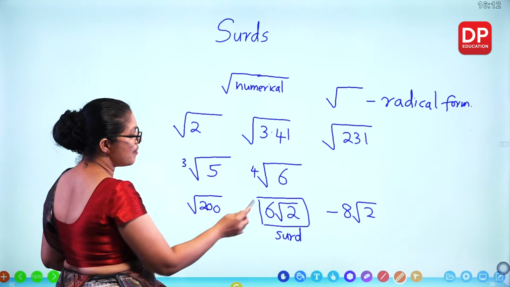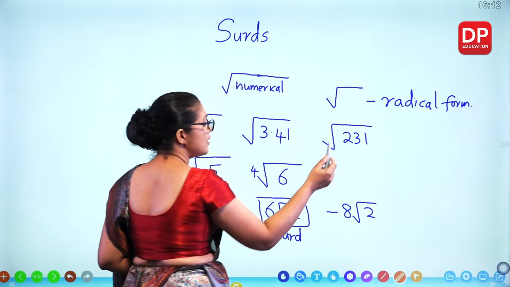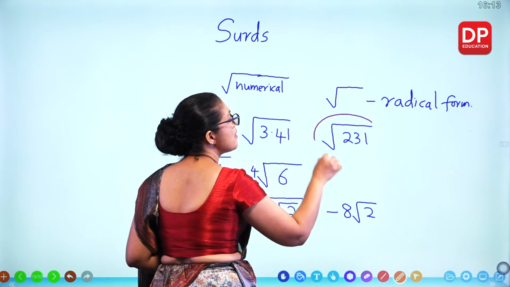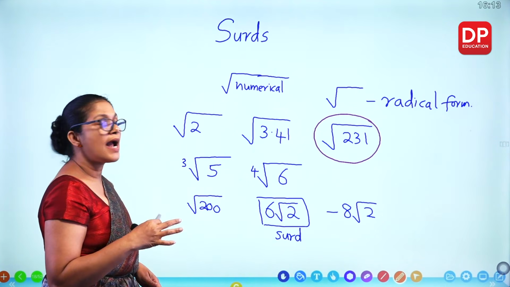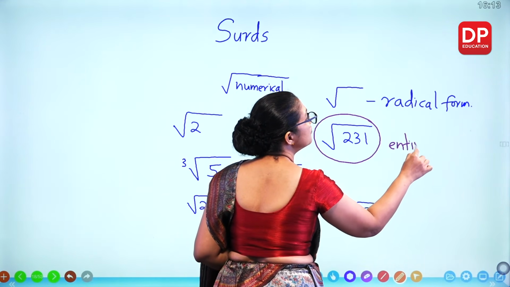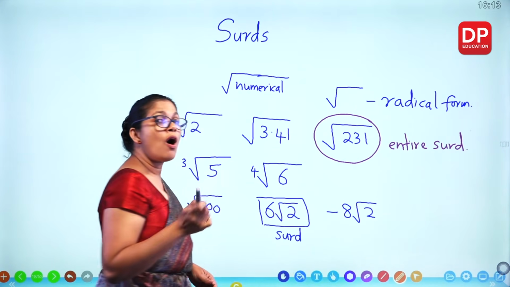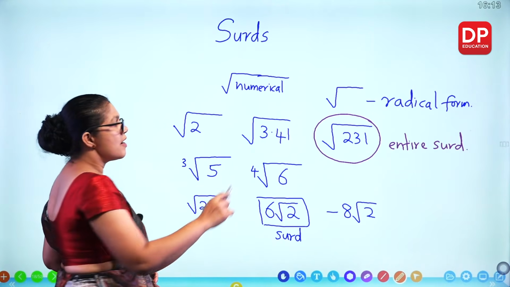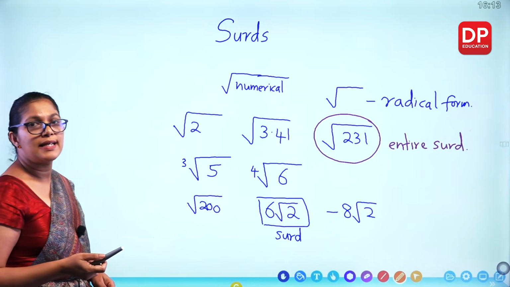But if we can write the whole number inside, we call these entire surds. So you need to remember the words. If there's a number only inside the radical form, we call it an entire surd. In your syllabus, we need to only think about radicals with whole numbers inside.